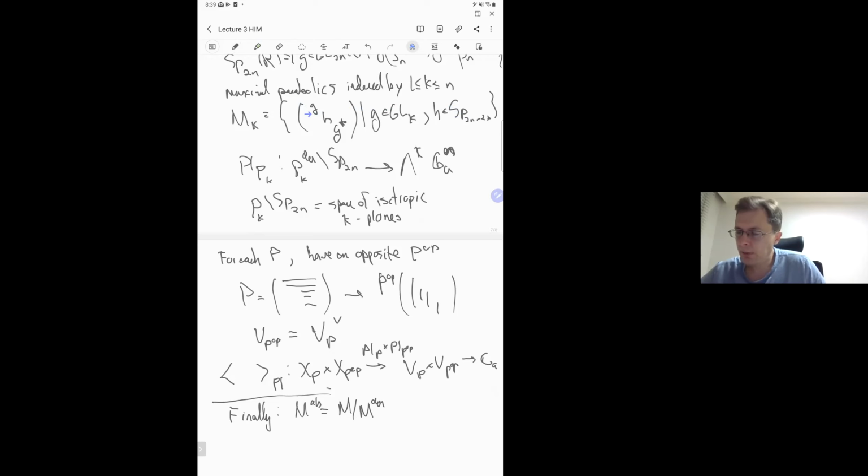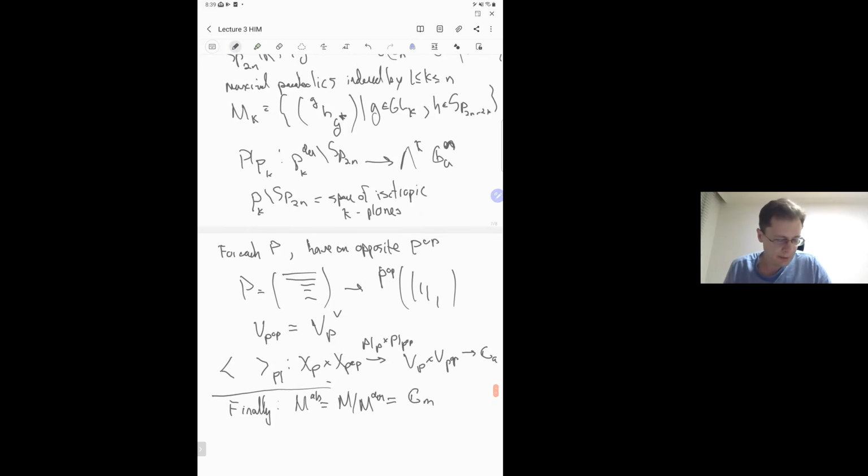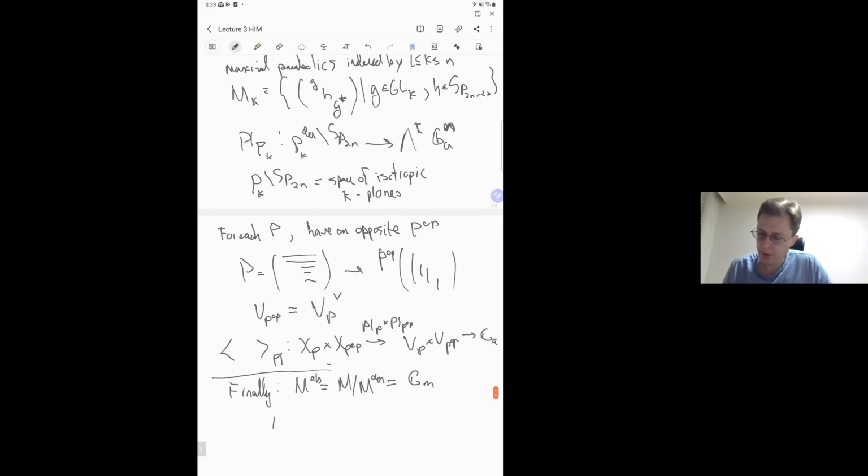If I take this mod its derived group, all I'm left with is a one-dimensional torus, an F times, a GL1. For any of these maximal parabolics that will persist, and this is just going to be Gm, the multiplicative group. And I have actions M abelianized cross XP cross G to XP, where the abelianization acts on the left and the G acts on the right.